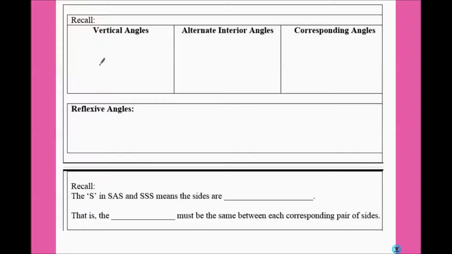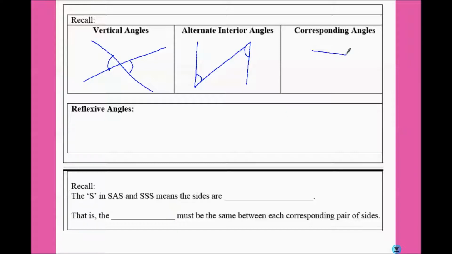So before we get into the proofs, here's a few things that you might want to remember from previous units. Vertical angles. If we have two lines that cross like this, the angles across from each other are vertical angles, and vertical angles are congruent. Alternate interior angles. If this line is parallel to this line, and we have a line going through both of them, then alternate interior angles are congruent.